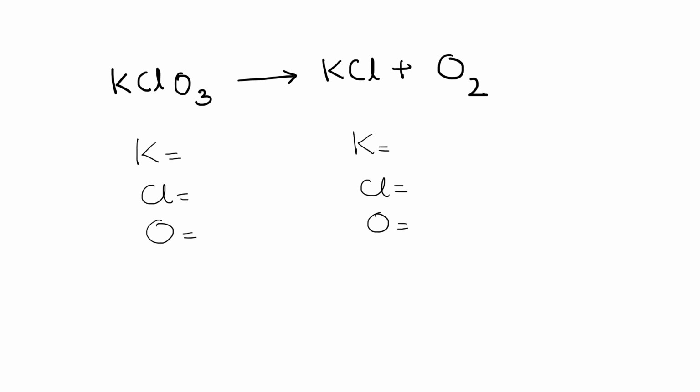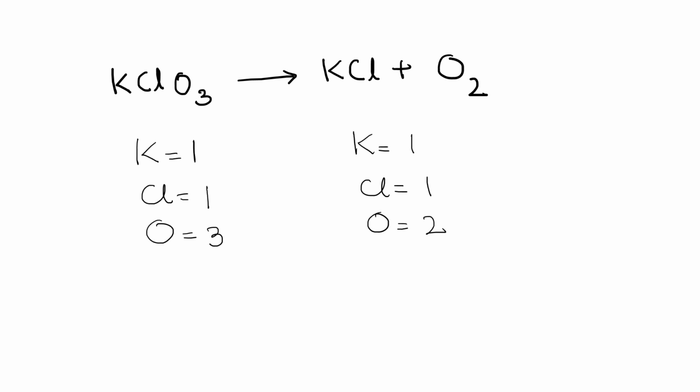Potassium is 1 here, on the product side also 1, chlorine atom 1, and oxygen 3 on this side and 2 on the other side, that is the product side.